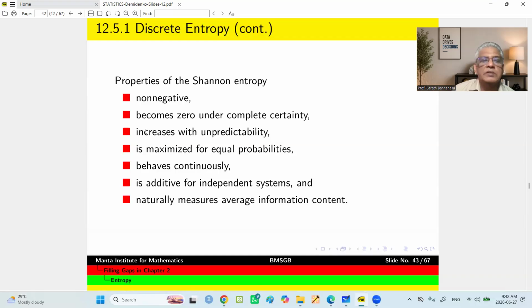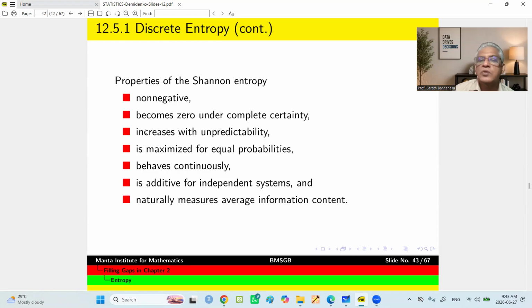And according to this formula, that quantity increases with high unpredictability. If the unpredictability is higher, then the entropy is higher.